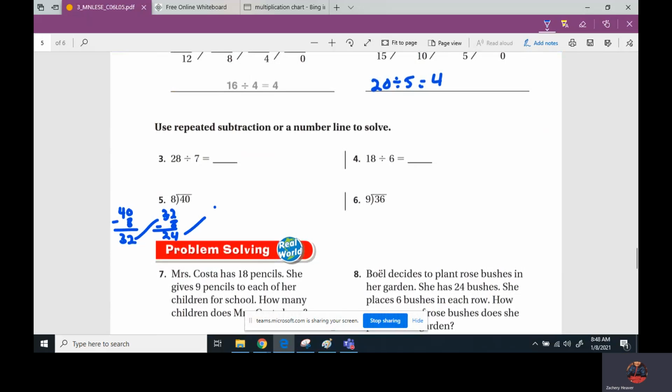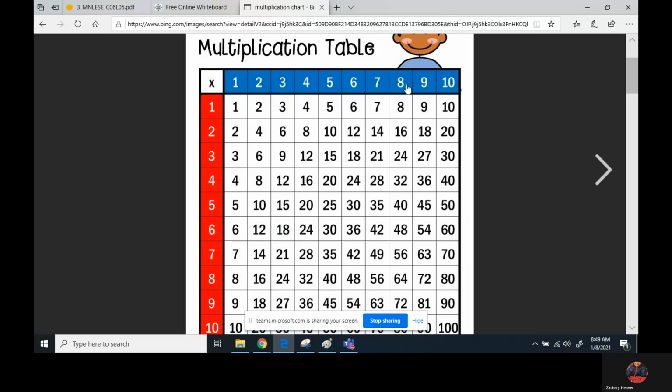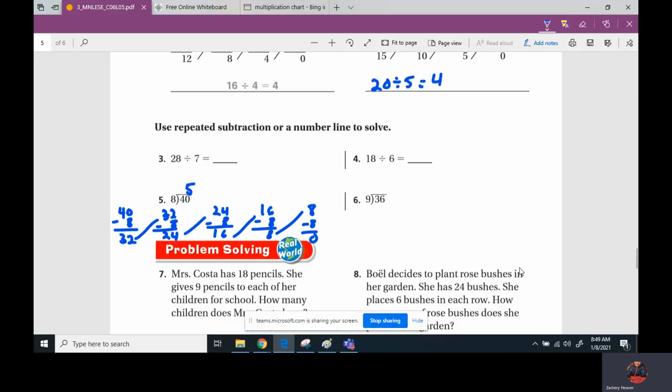Go up with it. 24 minus 8, 16. Go up with it. 16 minus 8 is 8. Go up with it. 8 minus 8 is 0. So we have 1, 2, 3, 4, 5. To double check ourselves, 8, count 5 times. 1, 2, 3, 4, 5. We get 40. That is correct.